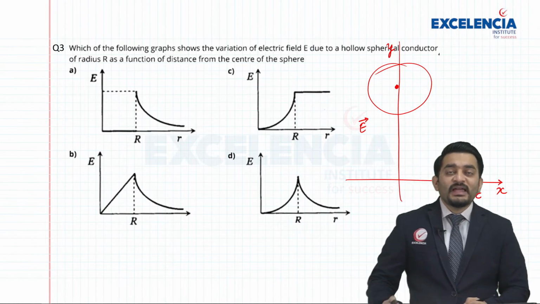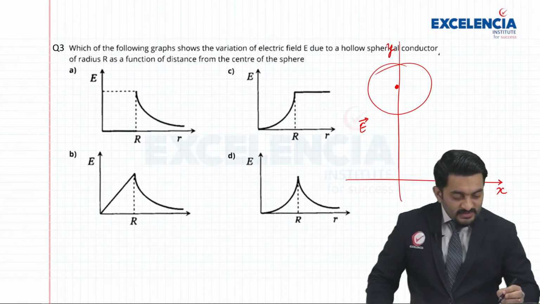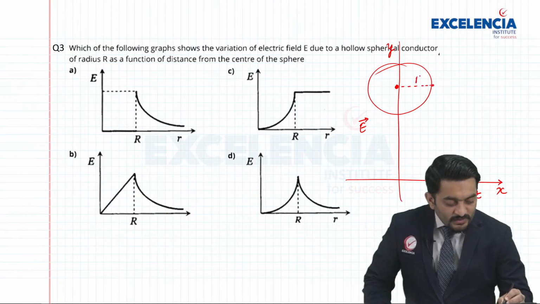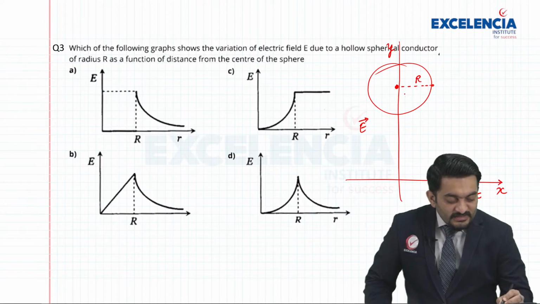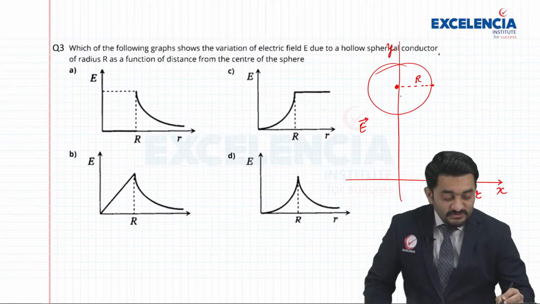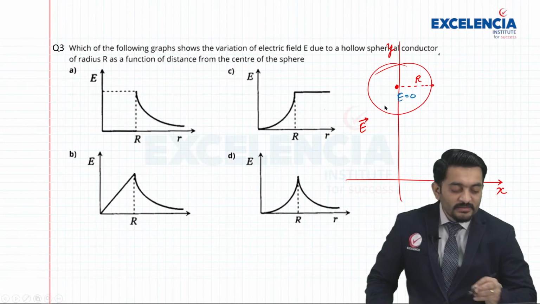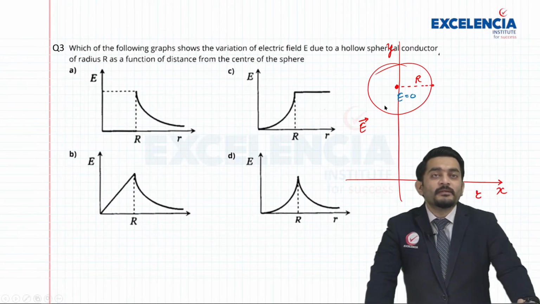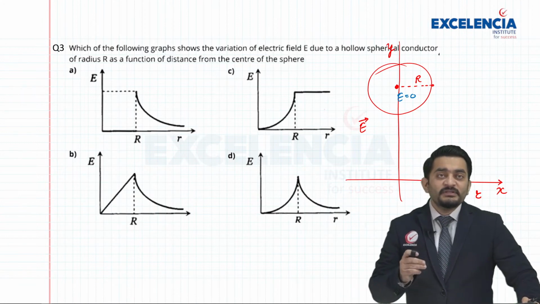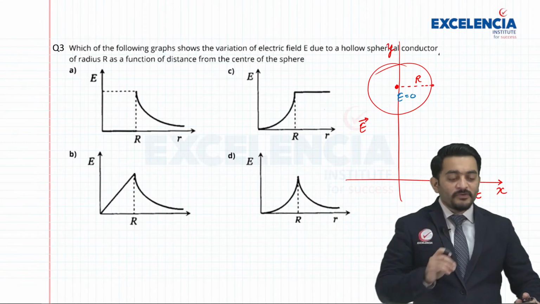What we need to understand is that when you are calculating the electric field inside the sphere, where capital R will be, I have just shown you that inside the sphere the electric field is going to be 0. So what happens until you reach the surface of the sphere?